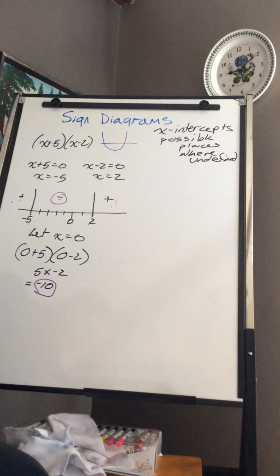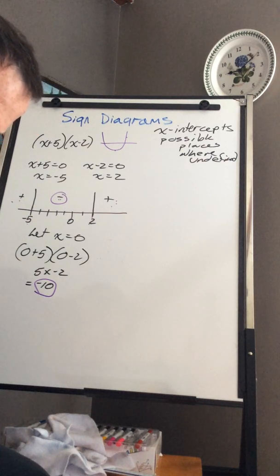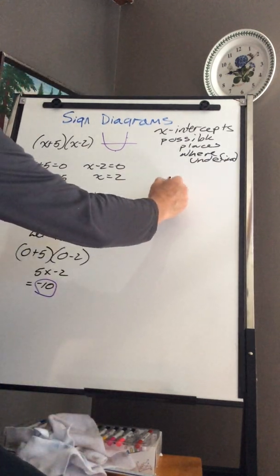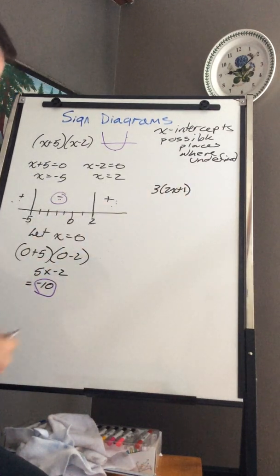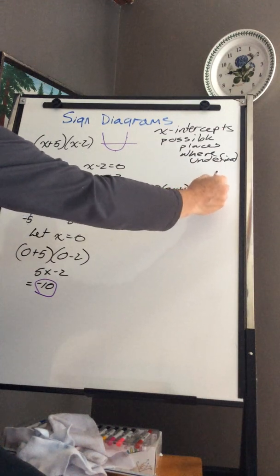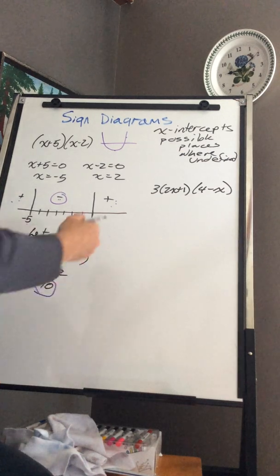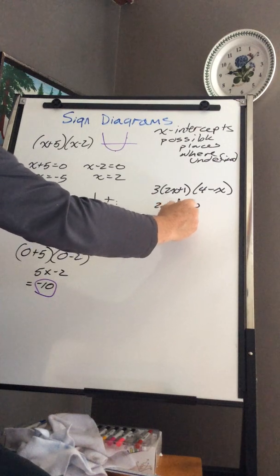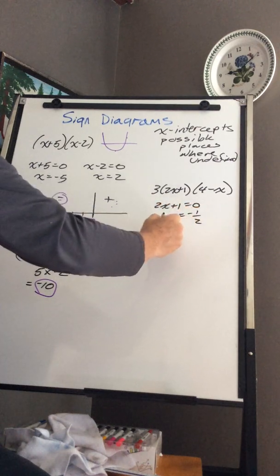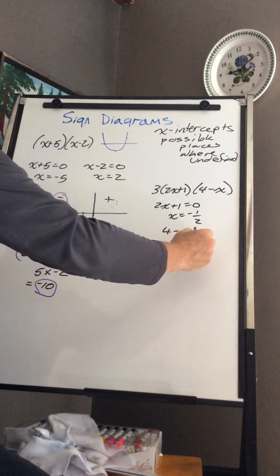Now we'll try one more. We've got 3, 2x plus 1, and 4 minus x. And 2x plus 1 equals 0, x equals negative 1/2. 4 minus x equals 0, 4 equals x.